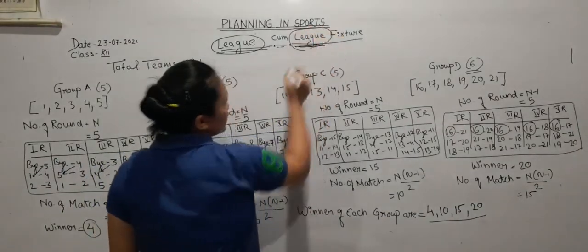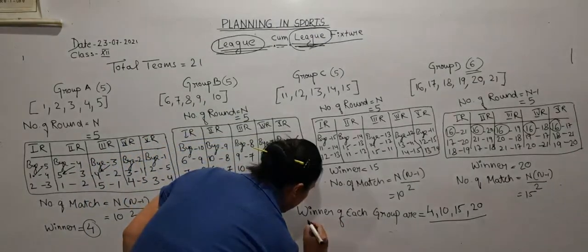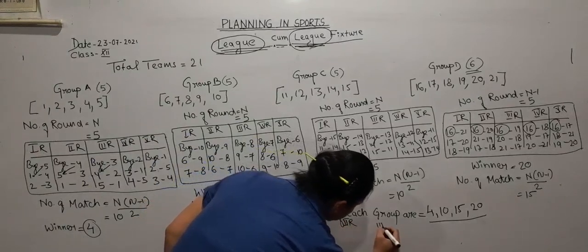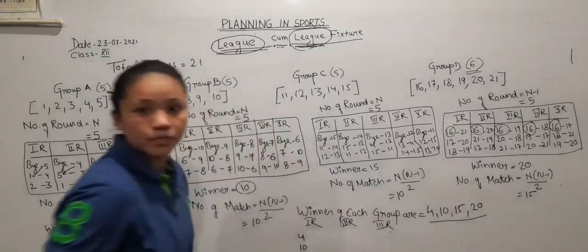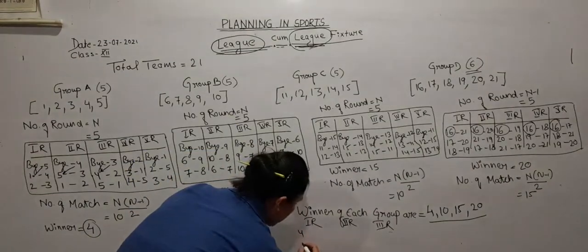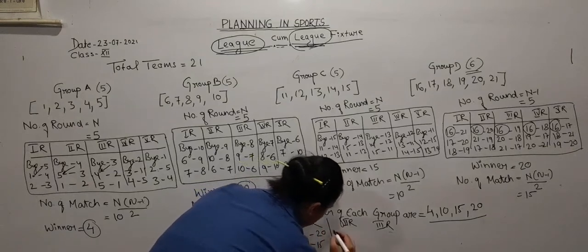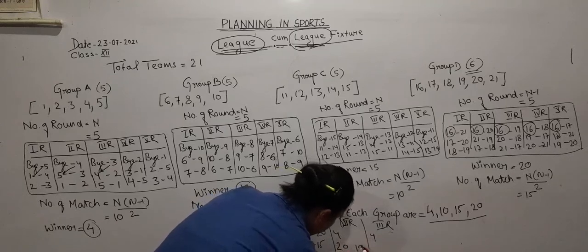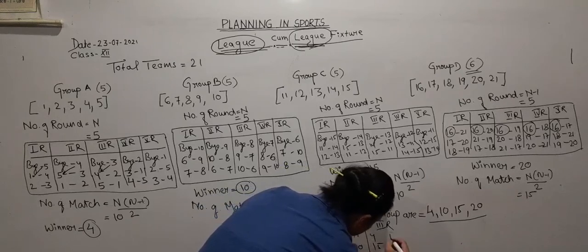Since it is written league, they will again compete as per the league. So first round, second round, third round. 4, 10, 15, 20. 20, 10, 15. Now 15, 20, 10.